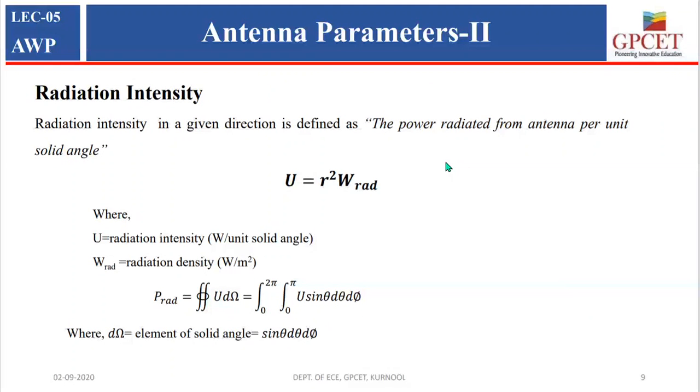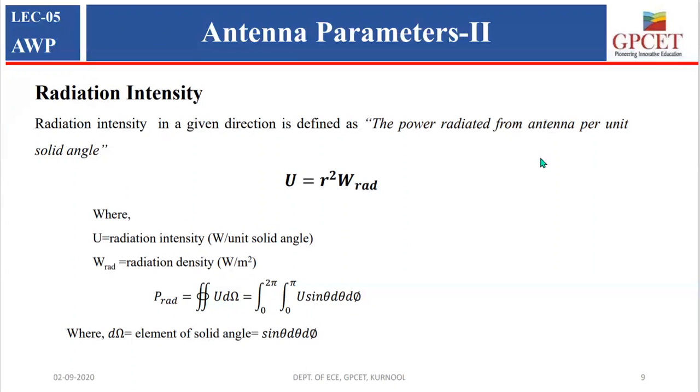In the equation, the radiation intensity U is equal to r square into W_rad, where W_rad is nothing but the radiated power density, into r square. Why are we using this term r square? Because this power density we are measuring per unit solid angle.